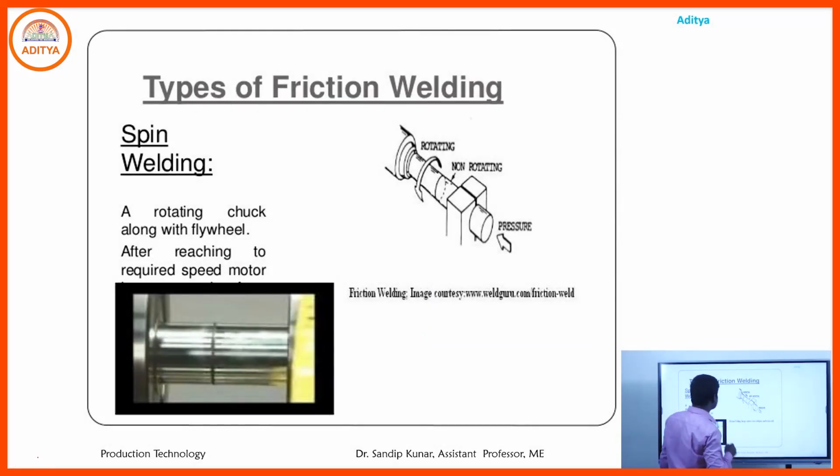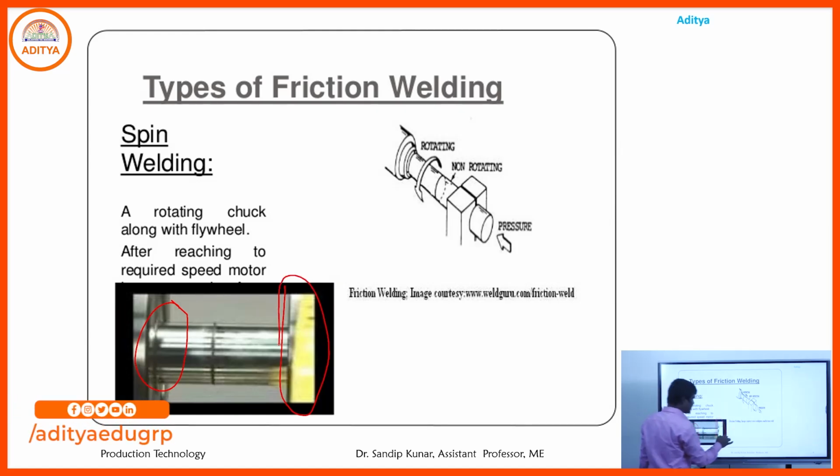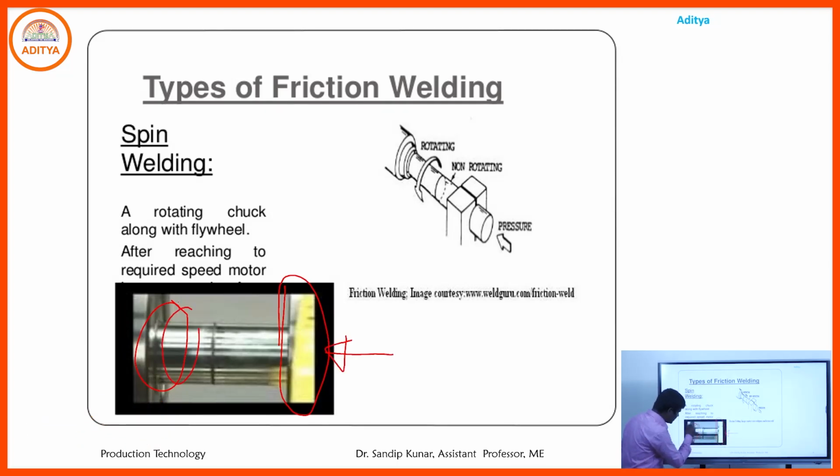Spin welding is a type of friction welding. Here a rotating chuck along with a flywheel is used. In the rotating chuck we connect a cylindrical rod, and another cylindrical rod is connected to fixing devices, where we apply pressure.